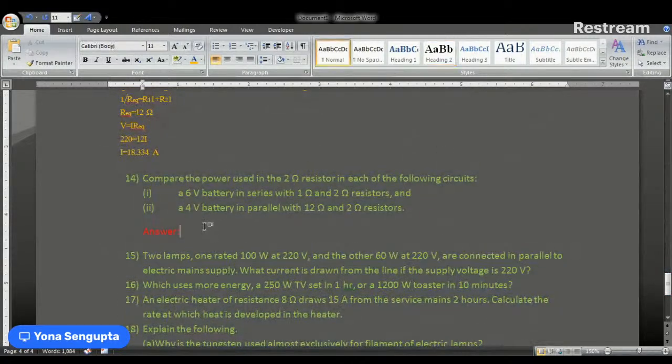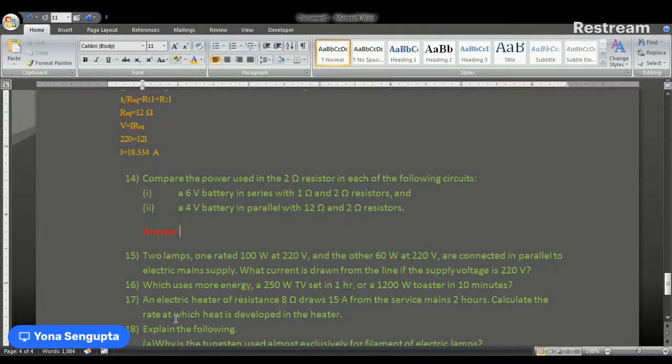Next is number 14. Now compare the power used in a 2 ohm resistor in each of the following circuits.